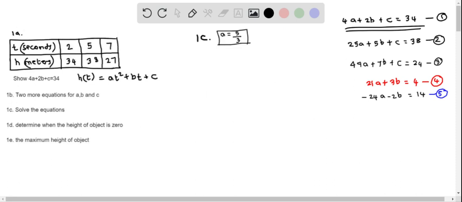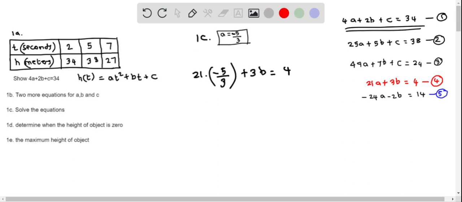Now let me substitute the value of a into one of the equations. I can substitute either in equation number 4 or in equation number 5. So let me do it in equation number 4. When I do that, I get 21 times a, which is negative 5 by 3, plus 3 times b equals 4.